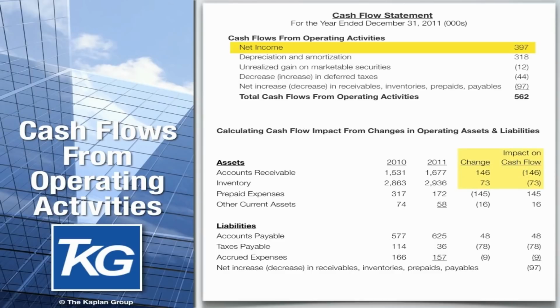Increases in operating assets result in a cash use or a reduction in cash flow, while decreases in operating assets result in a cash source or increase in cash flow. These increases and reductions are reflected on the cash flow statement in this section to arrive at a final number representing cash flow from operating activities.